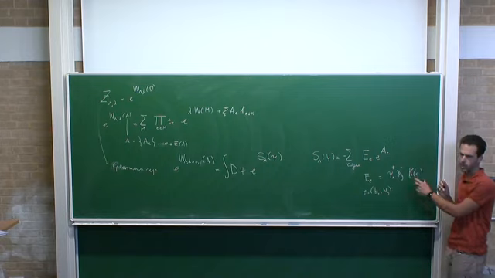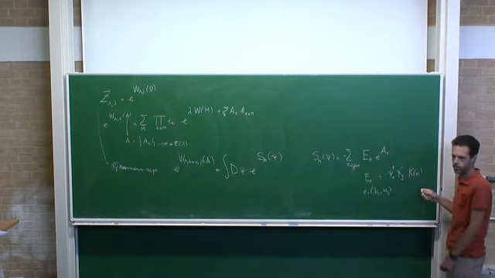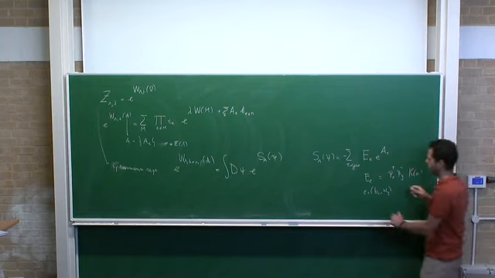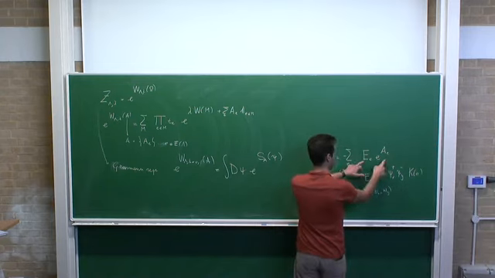This was just I minus 1. So it's quadratic in the field.